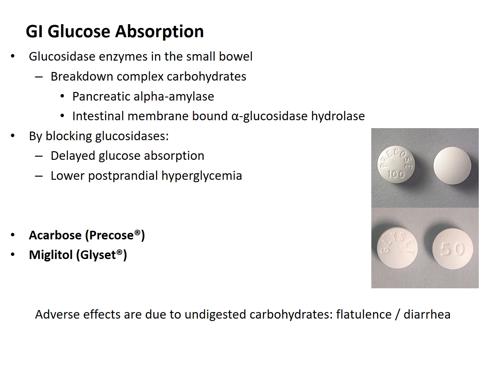Oh, wait, one more drug in here, Precose and Glyset. These are drugs that you can take when you're eating the carbohydrate. So you're eating the carbohydrate, you take this drug, and what this drug does is block the enzymes in the GI tract responsible for breaking down the carbohydrate, particularly that amylase enzyme.